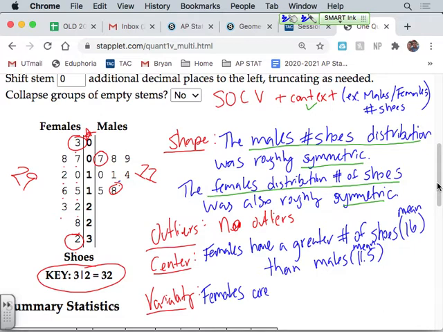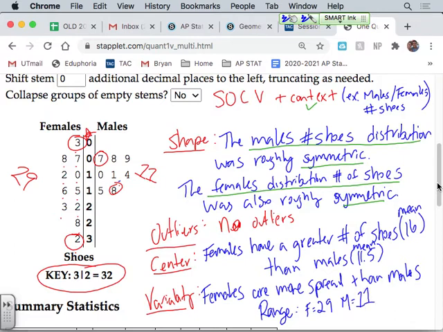Females are more spread out than males. And I can put range, like females equals 29, males equals 11, and that's perfect. That's a full answer.